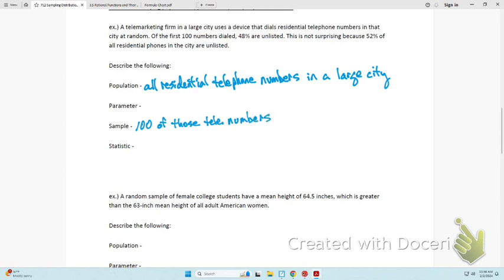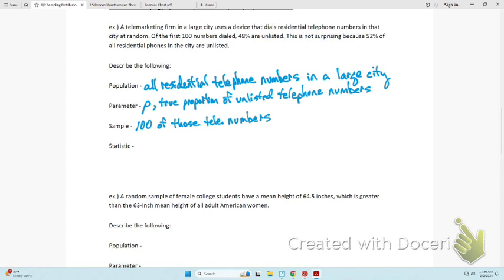All right, the parameter, we're talking about proportions. You see the percentage there? Like, look at the example down below. That's about means. This one is about proportions. So the parameter is just plain old P. Let's rewrite that. True proportion of unlisted telephone numbers.